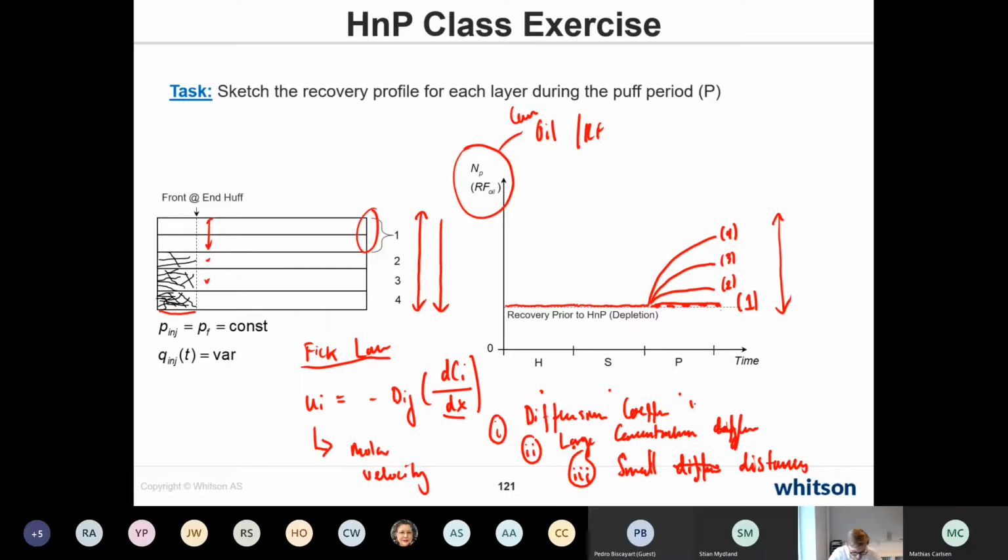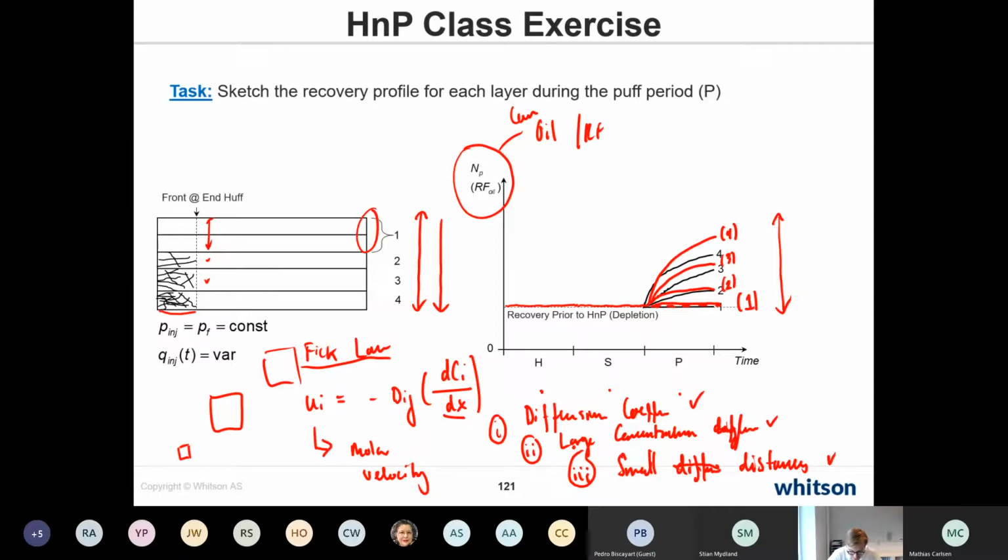So the diffusion coefficients will be the same, because we're injecting the same gas, and the reservoir fluid that's there is the same. The concentration differences are the same. So the last thing that's different in terms of these different layers is the distances, and the distances is just, okay, is this rubble size 1 inch times 1 inch, or is it 1 foot by 1 foot, or is it 10 feet by 10 feet, type of thing. That's what we're trying to convey here and with this experiment.